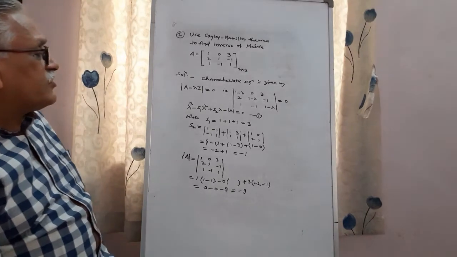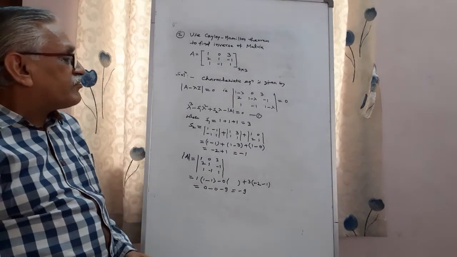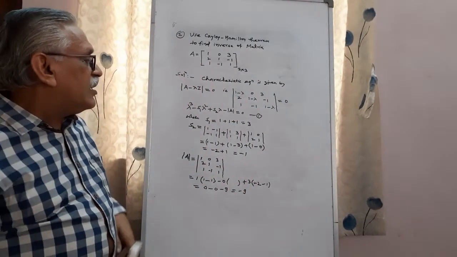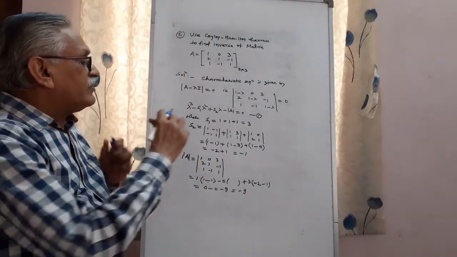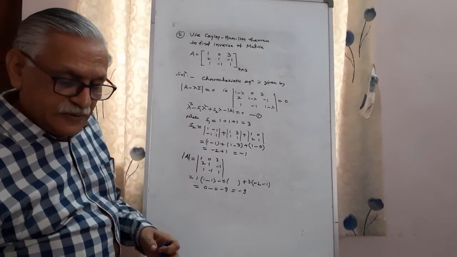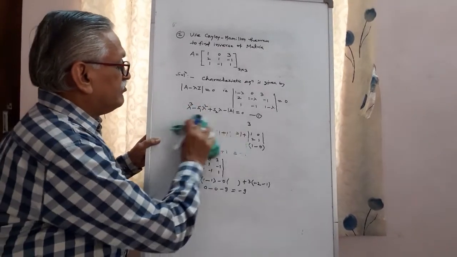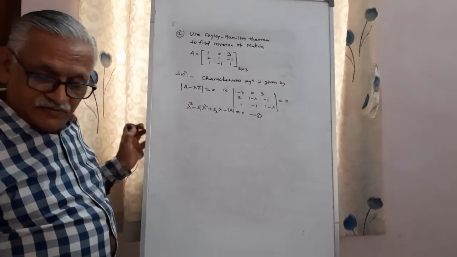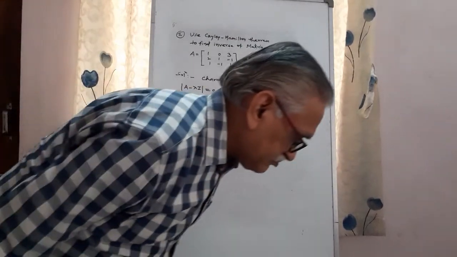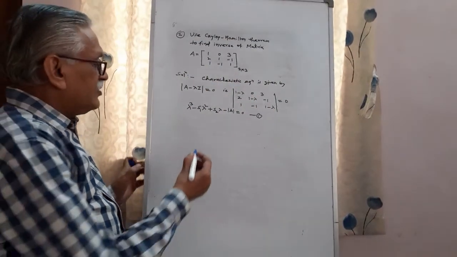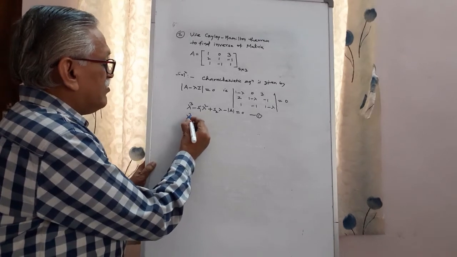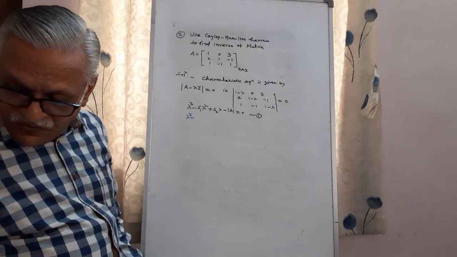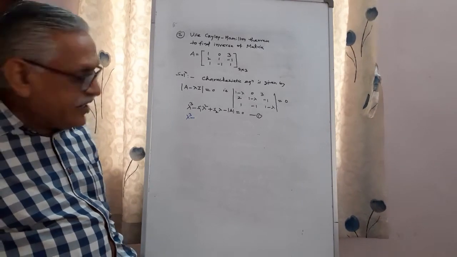Okay. Substituting these values in equation 1, that equation becomes lambda cube minus S1 lambda square. The value of S1 is 3.